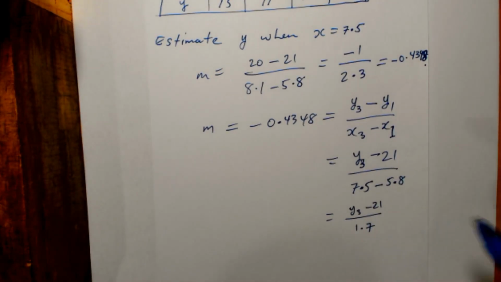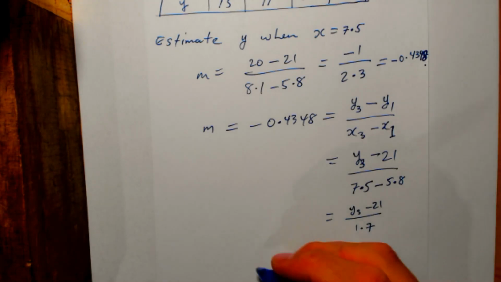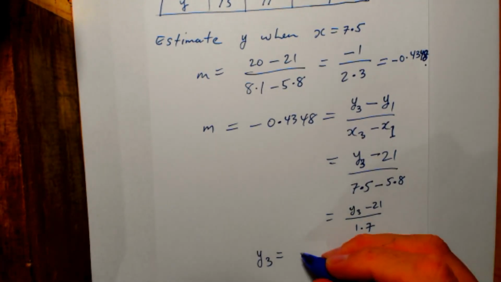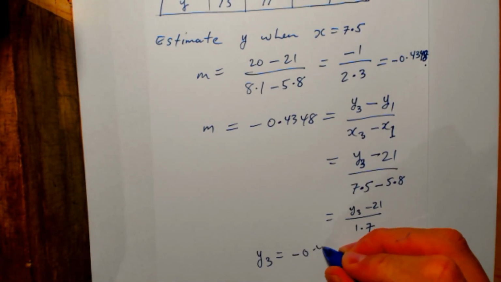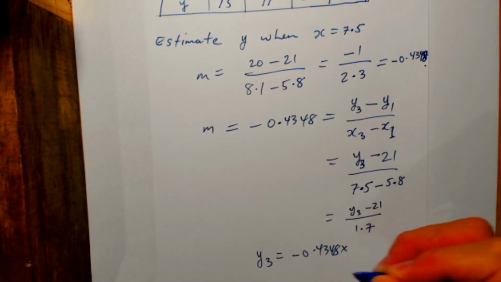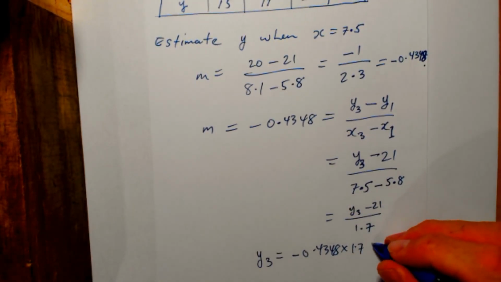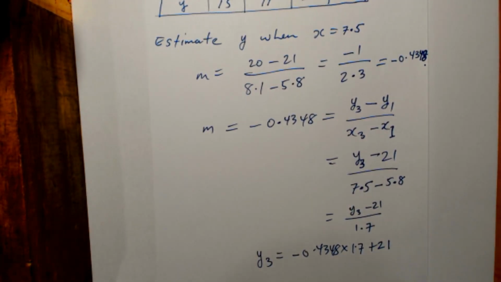And so I want to now solve this equation for y3. So I need to write y3 is equal to minus 0.4348 multiplied by 1.7, and then I take the 21 over to the other side and say plus 21.